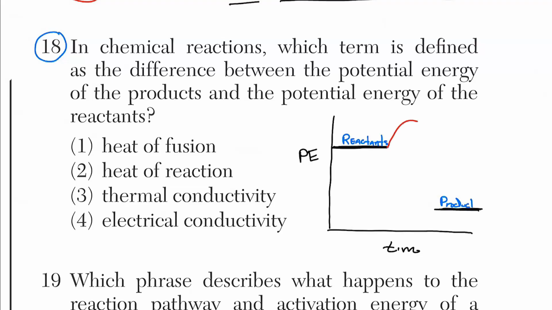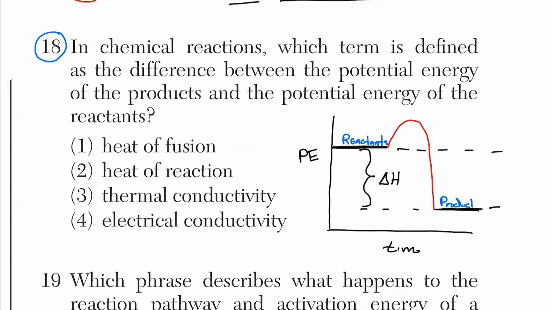We're going to have a potential energy curve, and we should know the difference of where we start and finish. The difference where we start and finish is the change. Not the greatest straight line, but this difference right here of potential energy is called the delta H.